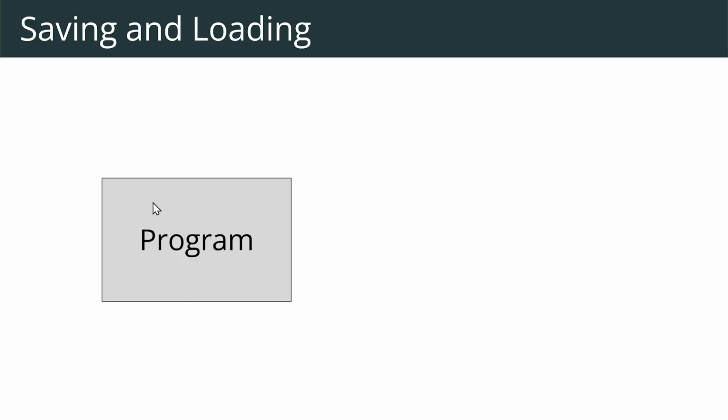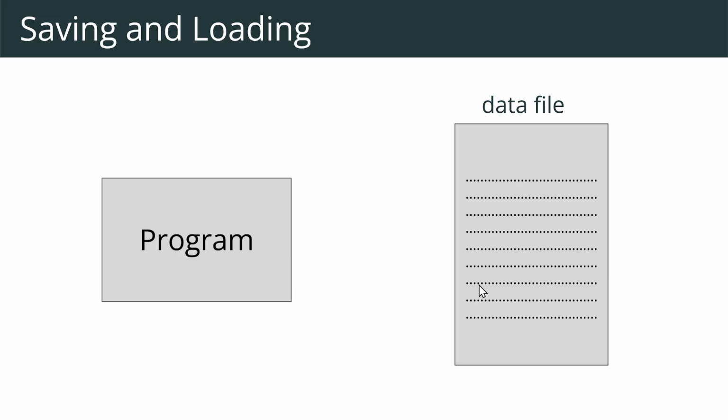So we'll be writing a program, and then sometimes it's necessary to load data into a program. If there's data that lives in some other file, it might be necessary to import this data into it. So this is called loading. In particular, reading. We're reading from a file.